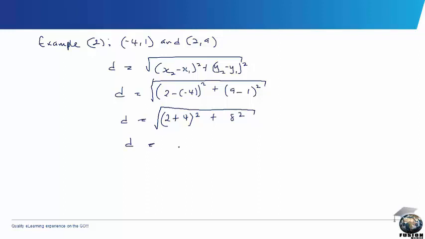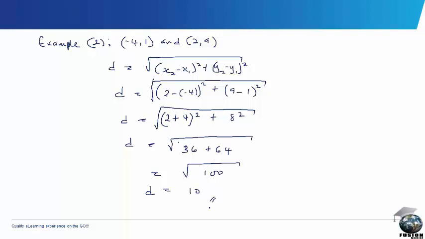And so D is equal to 2 plus 4 is 6 squared, and 6 squared is 36. 8 squared is 64. 36 plus 64 gives us 100, which is equal to 10. Therefore D is equal to 10. So this is the distance of separation.